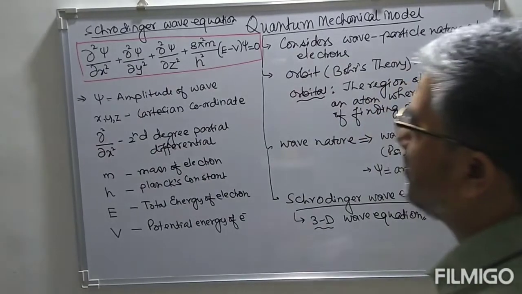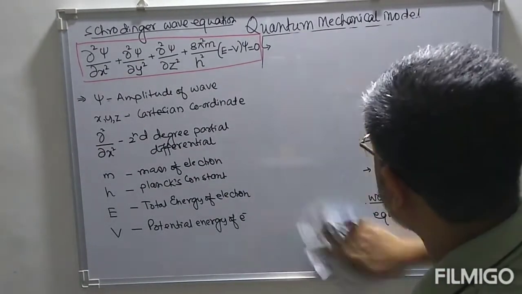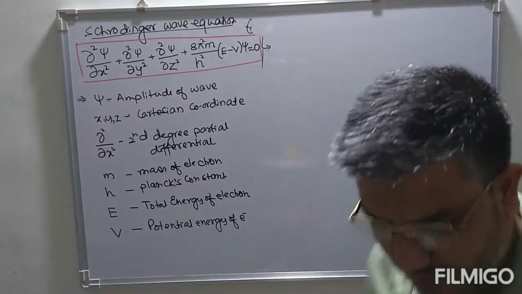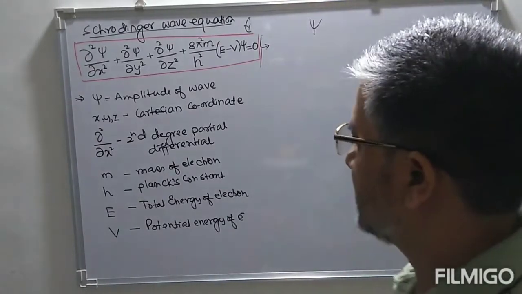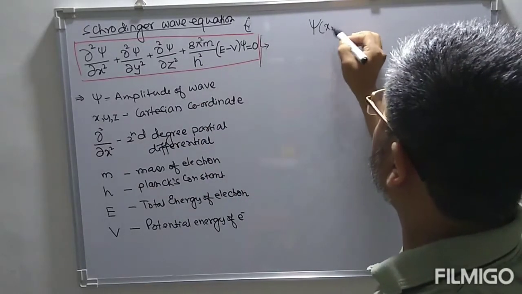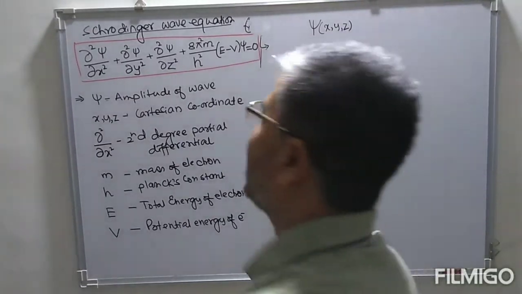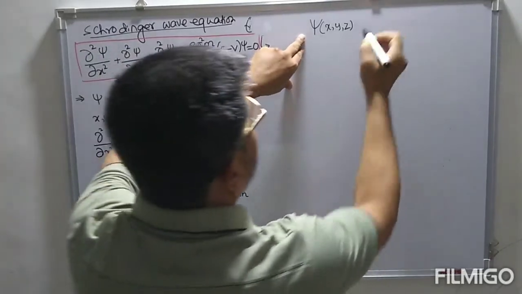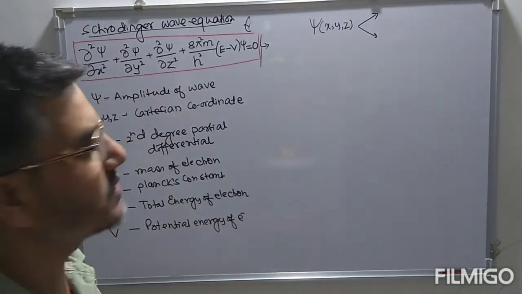Now we have to modify this equation. This wave function psi, which represents the amplitude of the wave, depends on x, y, and z. Because this represents amplitude, it can be positive as well as negative.